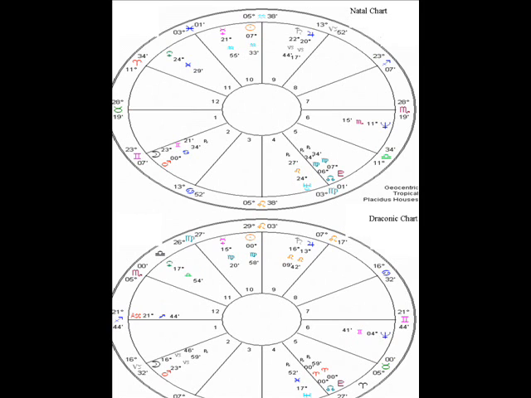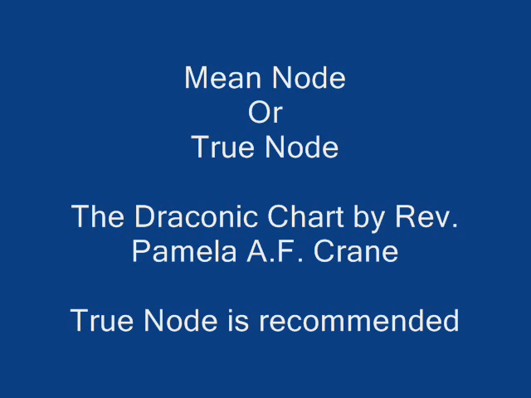Finally, I would like to just note whether to use the mean node or the true node. In Pamela Crane's book on Draconic Astrology, The Draconic Chart, she has found that the true node seems to work better. I think that there is research that still can be done on this.